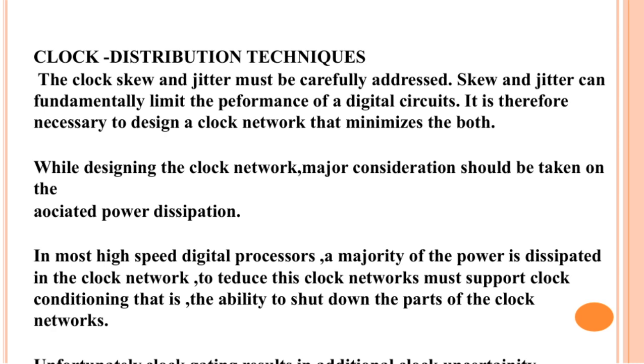To address this, clock networks are designed to support clock conditioning, which means they can selectively shut down parts of the network to save power. However, it's important to note that while clock gating helps reduce power, it also introduces additional clock uncertainty. So, balancing power efficiency with timing accuracy is a key challenge in clock distribution design.